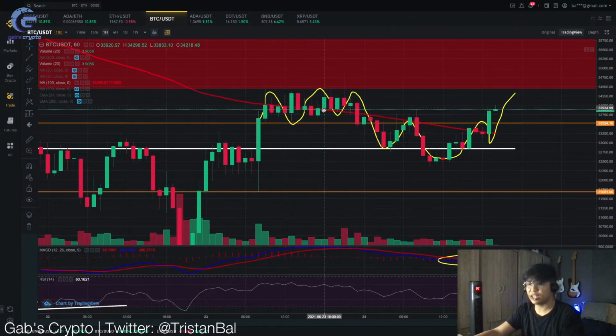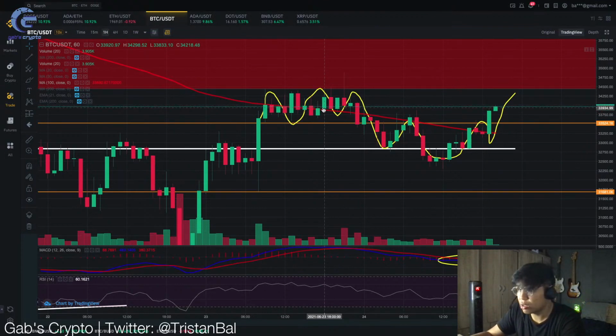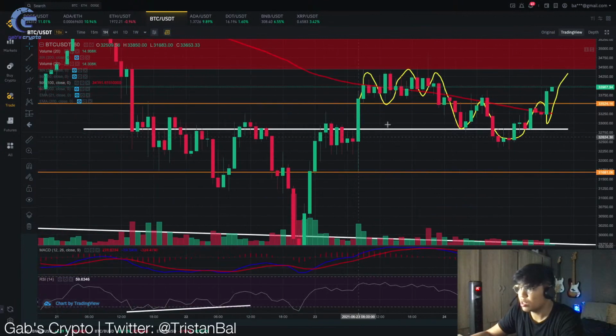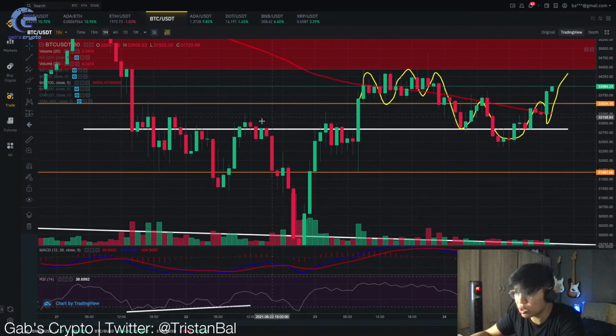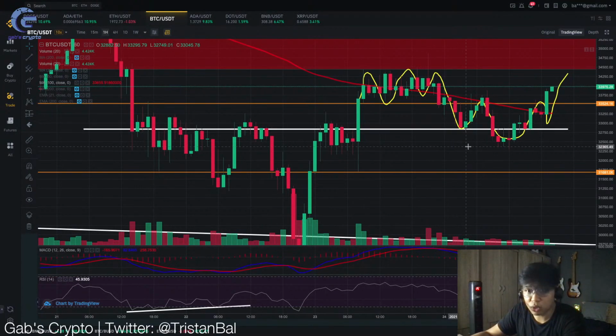Kaya pinapost ko kanina guys, if you want to follow this movement, you need to look at the support and resistances kasi dyan tayo lately naglalaro ng price actions. So ayan no, naglaro tayo dyan. And then after nyon, we actually received a dump, which is actually the previous support is now the previous resistance is now the support ng ating price action.